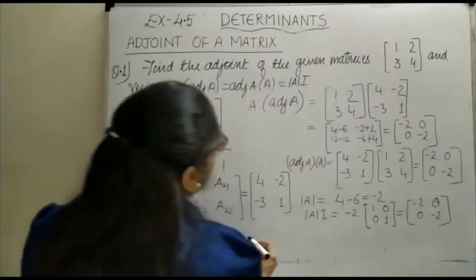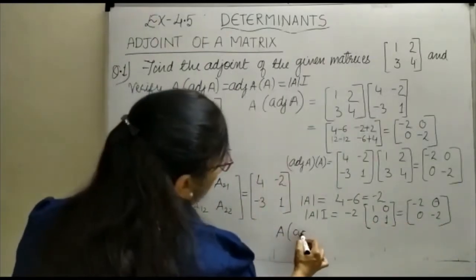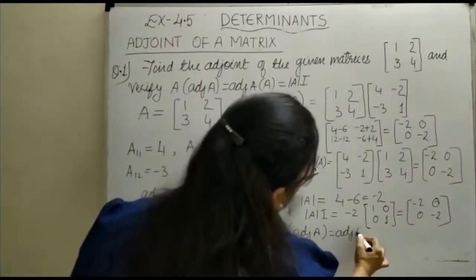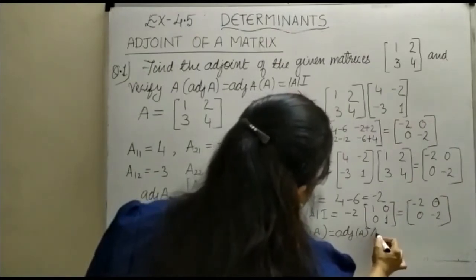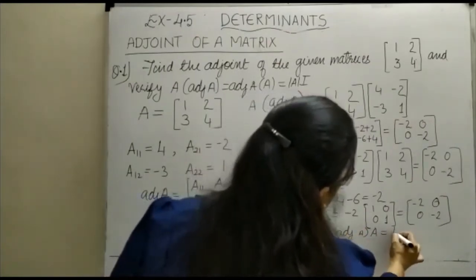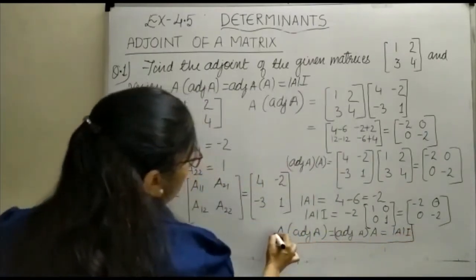So you have seen that we have verified A into adjoint A is equal to adjoint A into A is equal to determinant A into I. This we were asked to verify.